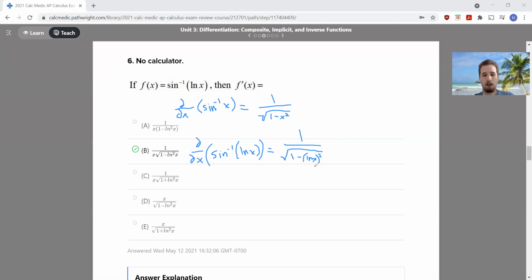And we have to take the derivative of the inside, right? Because we took the derivative of the outside, which is the inverse sine. Now we have to take the derivative of the inside. So derivative of ln of x is 1 over x. And so when you multiply these together, you get 1 over x times the square root of 1 minus ln of x squared, which is b.